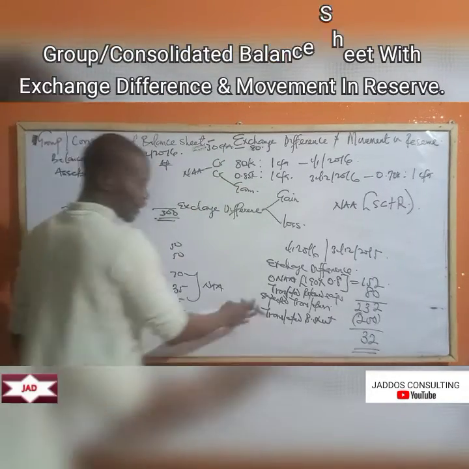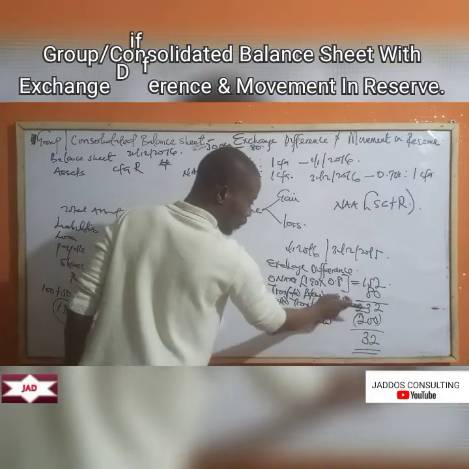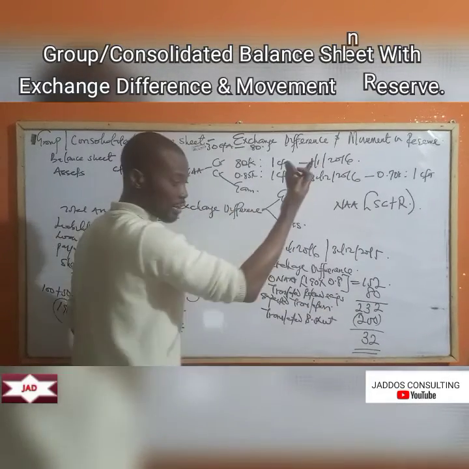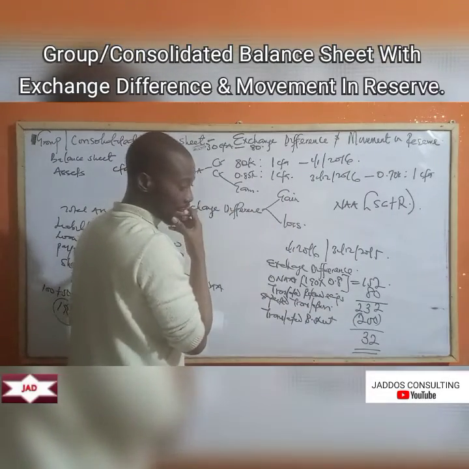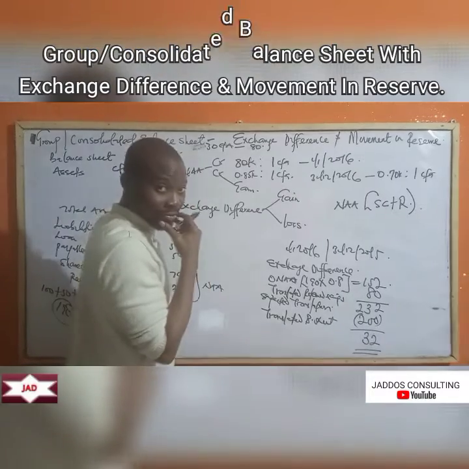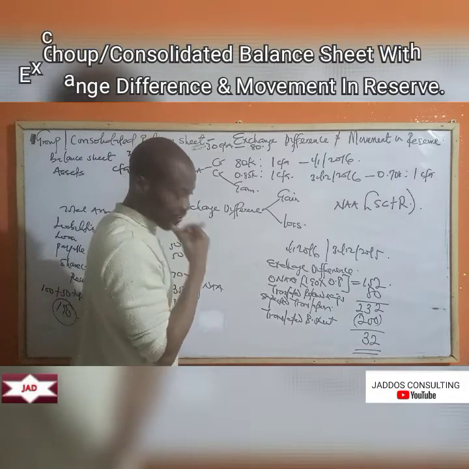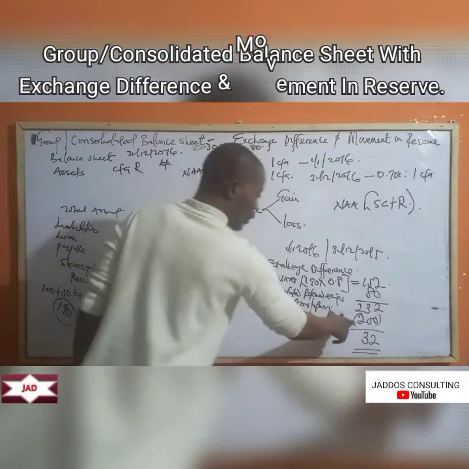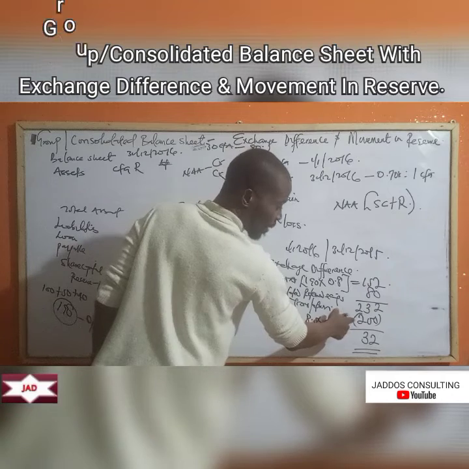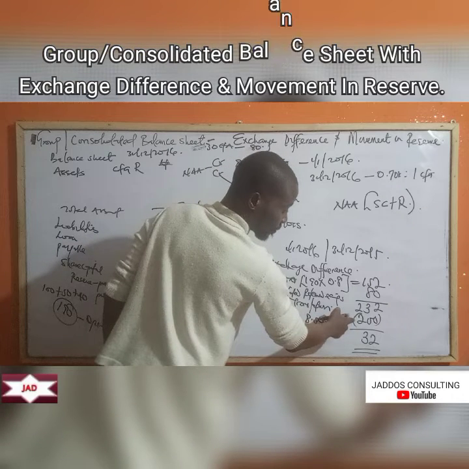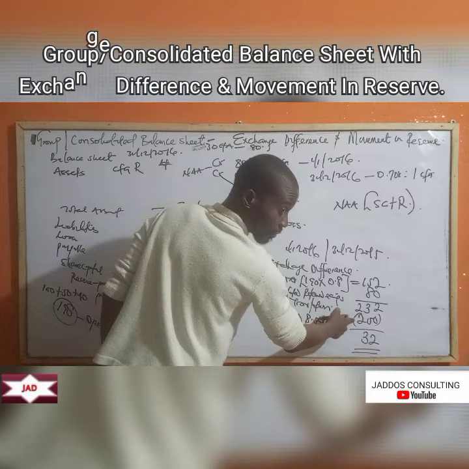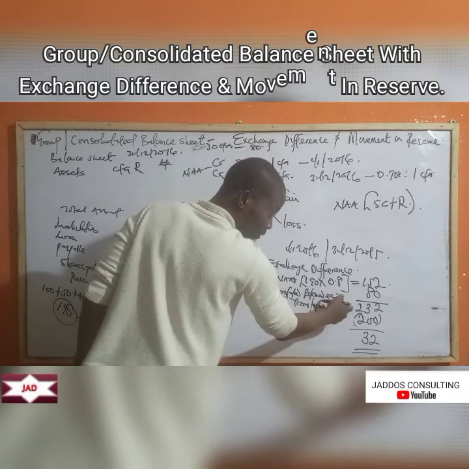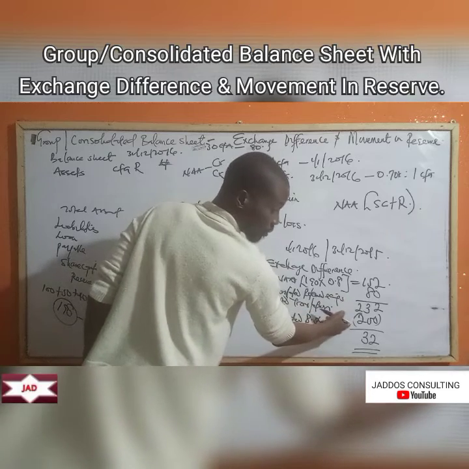So if this is what has been done, but this is what we expected, that means there should be an increase. But from this angle, it has to come down to 200.